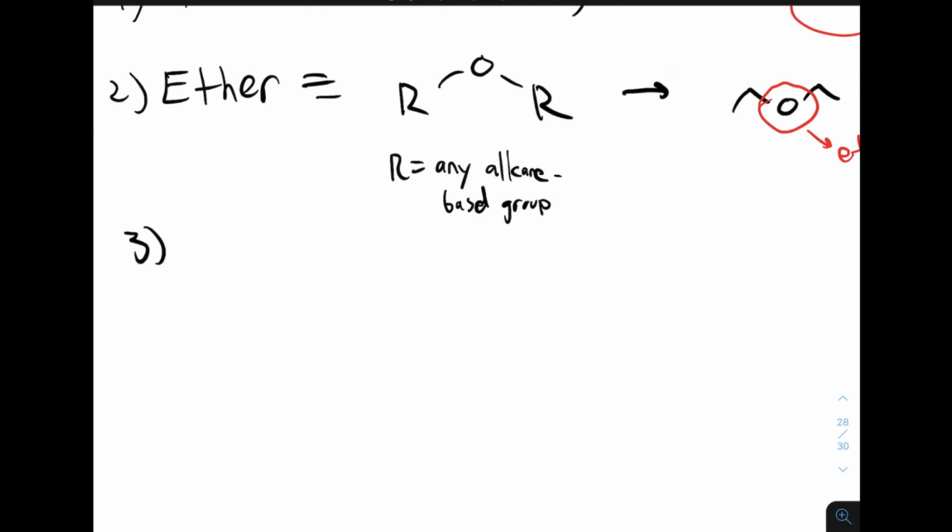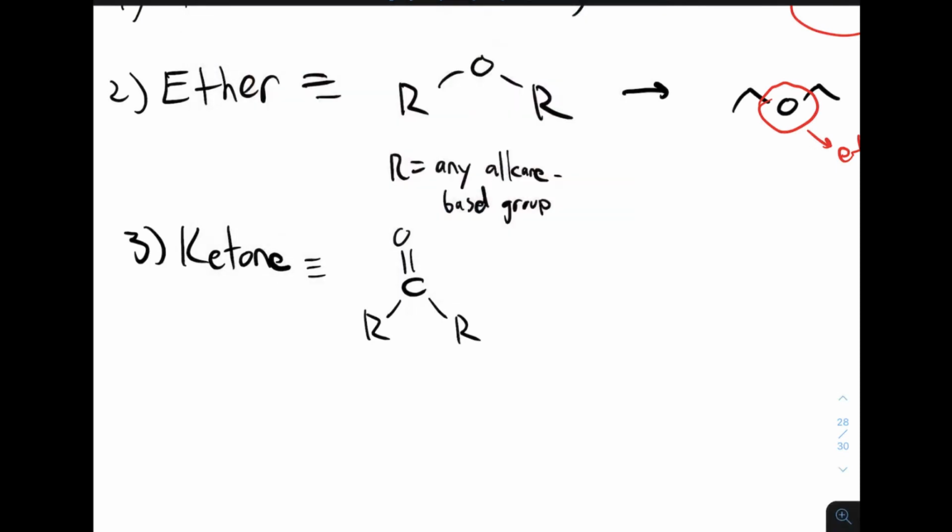And so for our next example, we're going to talk about a ketone. Okay, and a ketone is as follows. Like this. So it is this carbon double bonded to an oxygen, okay, and it has these 2 alkane groups attached to it.